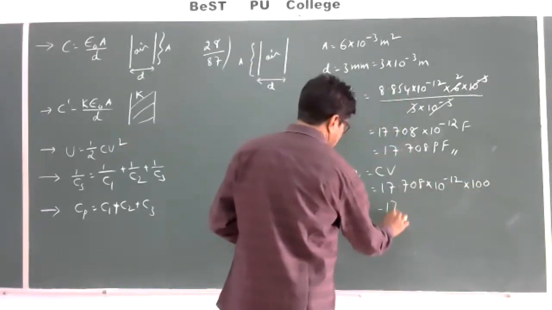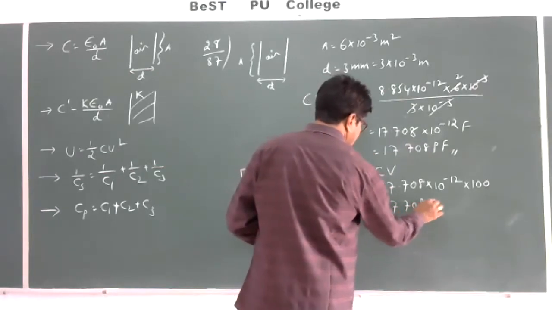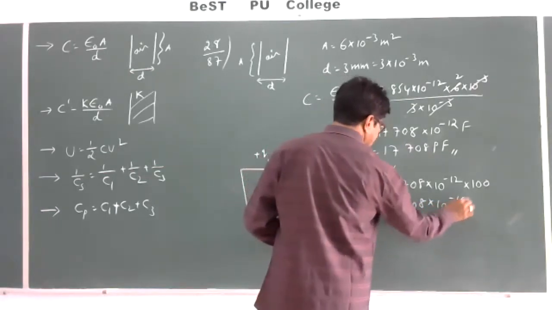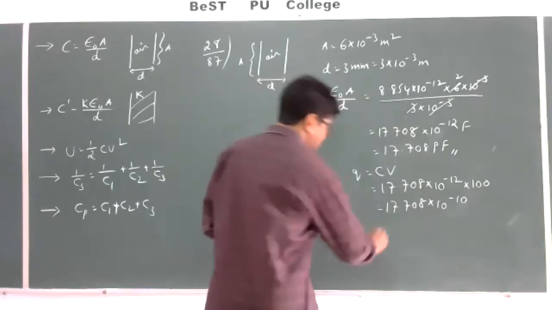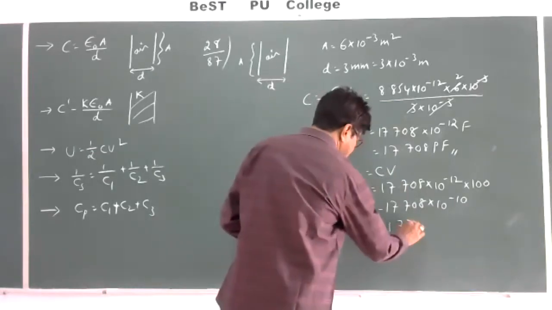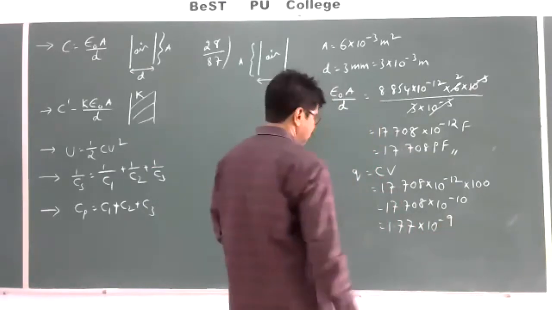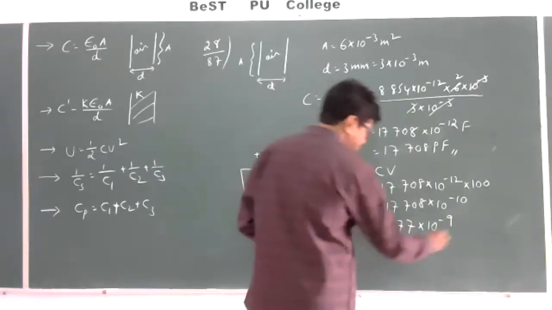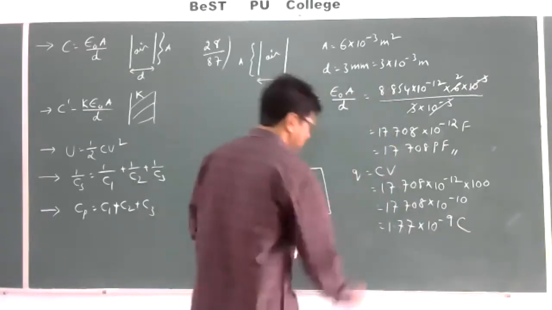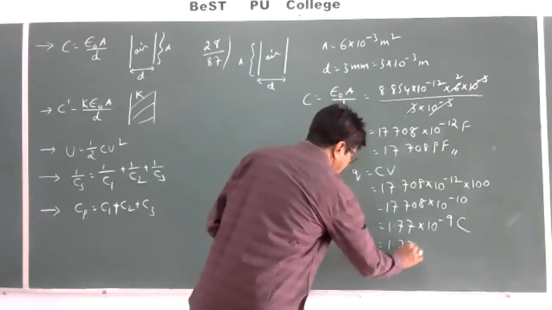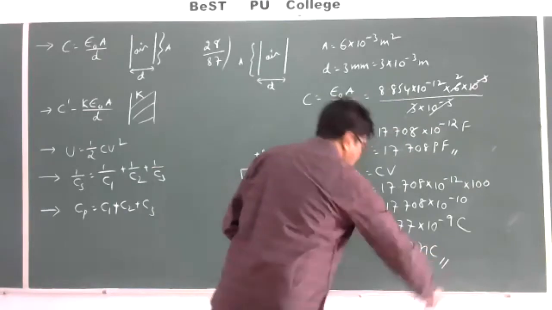So Q is 17.708 into 10 to the power of minus 10, which is 1.77 into 10 to the power of minus 9. The unit of charge is coulomb, so I can write 1.77 nano coulomb.